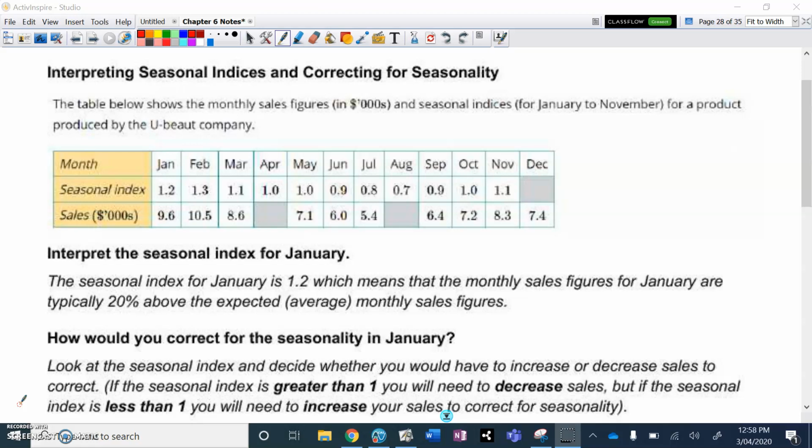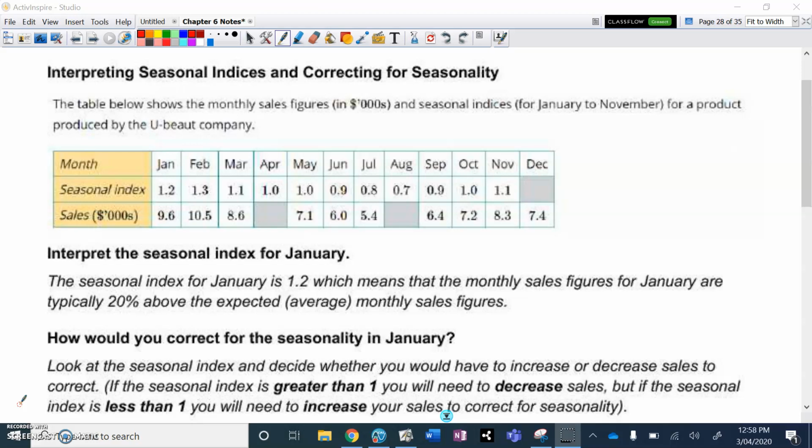So as you look through, the seasonal index for January is 1.2, and basically you need to understand that a seasonal index of 1.2 means that the monthly sales figures for January are typically 20% above the expected average monthly sales figures.